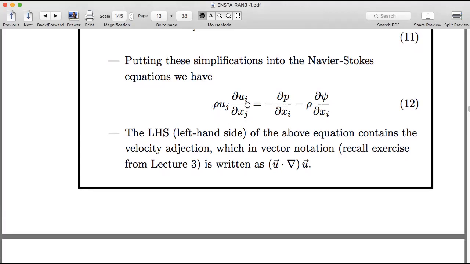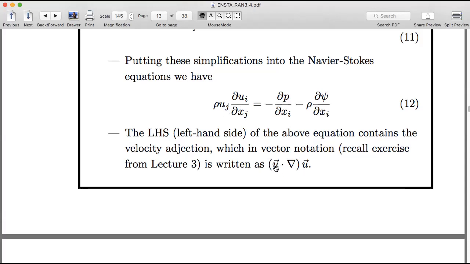This was our challenge, to try and write this in vector notation, and we found that we could do it even though this involved tensors of rank 2 that we don't have in vector notation. We could get around that by immediately taking the dot product with this velocity here.